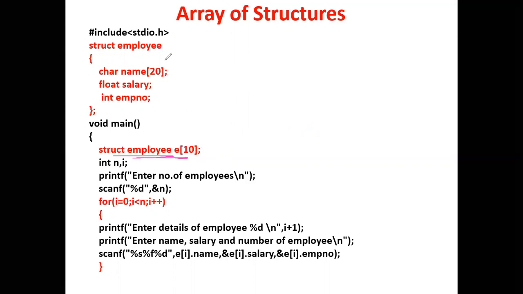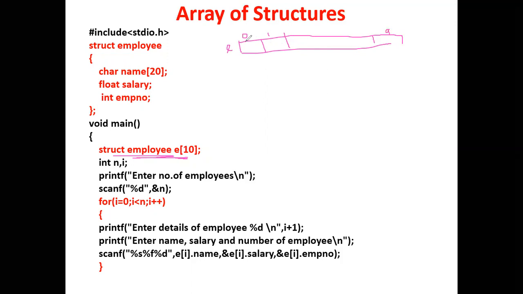So I have created a structure employee. I have created an array. What is the array name? E. And I can store 10 employee details. Since it is an array, it has the index 0, 1, 2, and so on, up to 9.